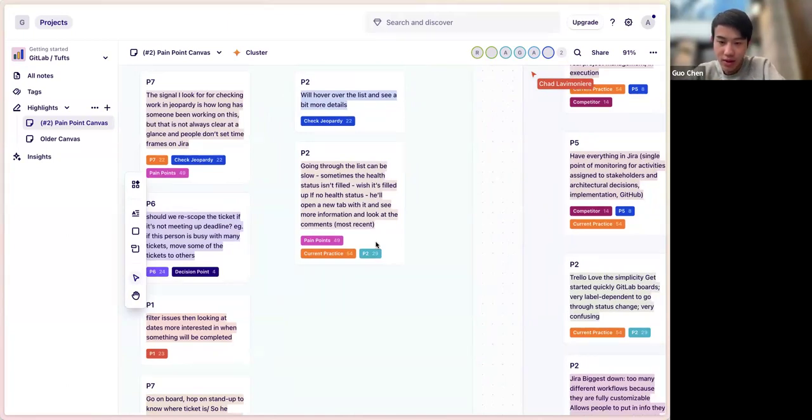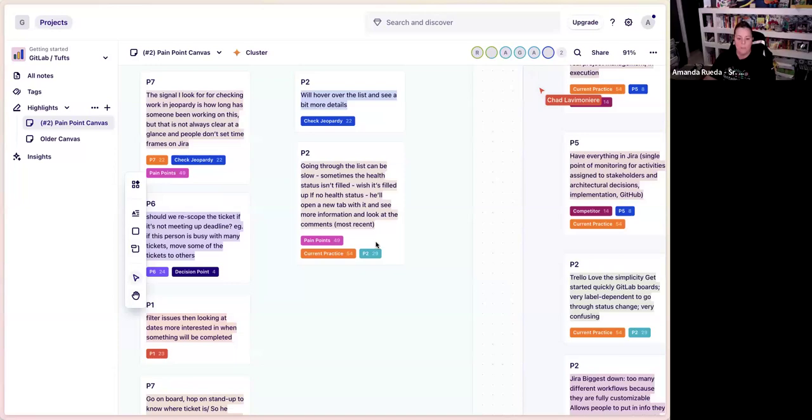But now he has to see all of the labels that he assigns to issues instead of maybe just 2 or 3 labels that he wants to see. So I think that's more about the health status of things. Okay, thanks.